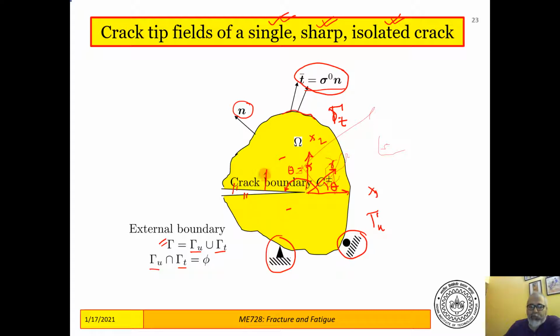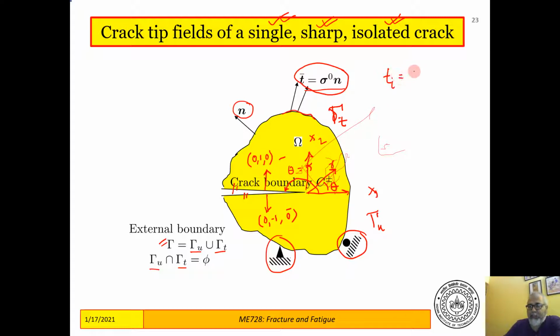The normal to the crack is therefore 0, 1, 0. This is the normal to the upper crack surface, and this is 0, minus 1, 0. These are traction free surfaces.